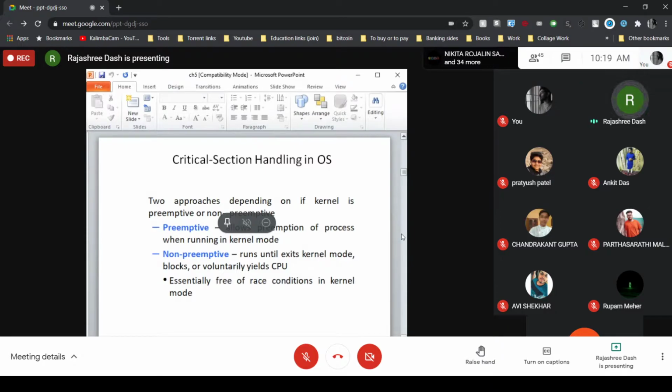So here it will run until it exits kernel mode.